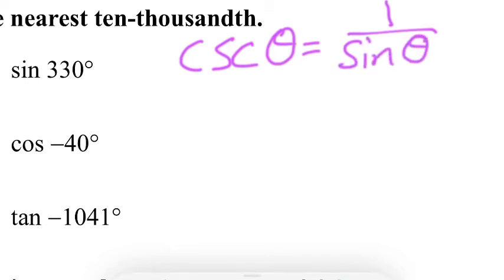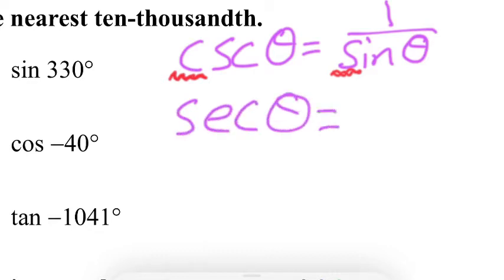So the biggest thing that I kept reminding you guys is that it changes the letter. So C goes with S. If we were given secant of theta, the reciprocal would be 1 over cosine of theta.